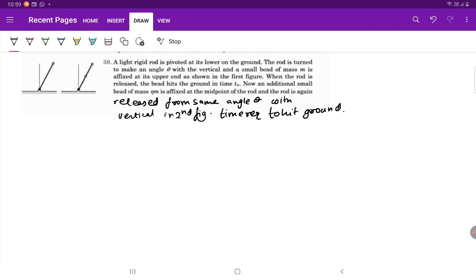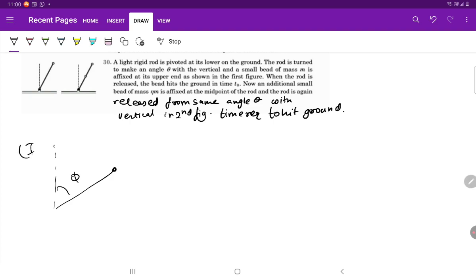Basically, the consideration is about the approach. First, we will be using energy conservation. Suppose the system makes angle phi, and since the rod is light, we can ignore the contribution of the rod's moment of inertia.